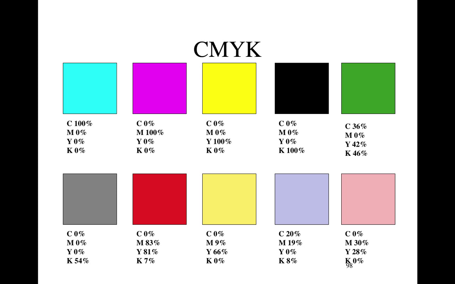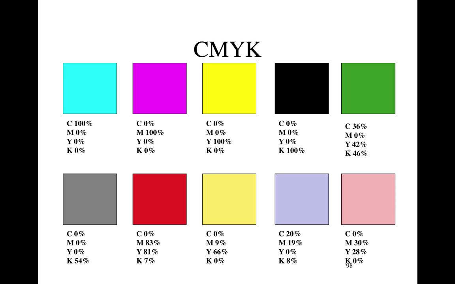Again, mixing blue and yellow to give you green is something we're familiar with. This one here is 54% black, so we have an intermediate shade of grey. That magenta and yellow there gives us red. I would have expected that actually to be much more orangey. With that much yellow in it, I would have thought it would have been very orange, but it turns out to be that red there.